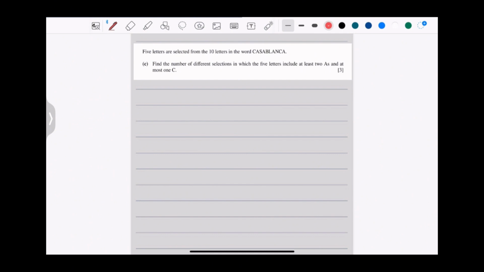Find the number of different selections in which 5 letters include at least, again, at least means it can be more than 2 A's, and at most 1 C, maximum 1 C. So let's keep first 2 A's, 1 C, and 2 other letters, any other, or 3 A's, 0 C's, because at most 1 C, which means none, and then 2 other letters.